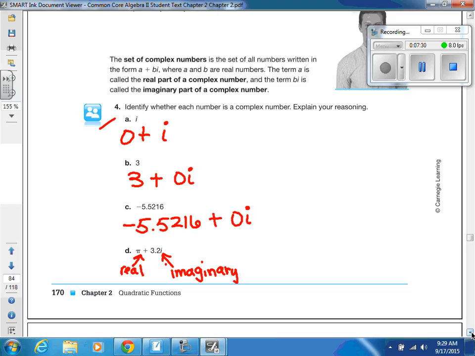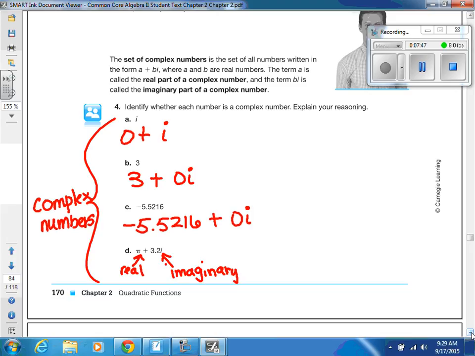So basically all of these are what? They're all complex numbers.